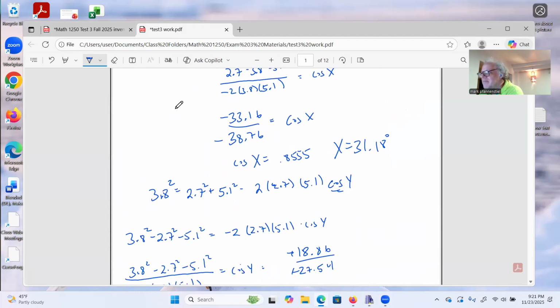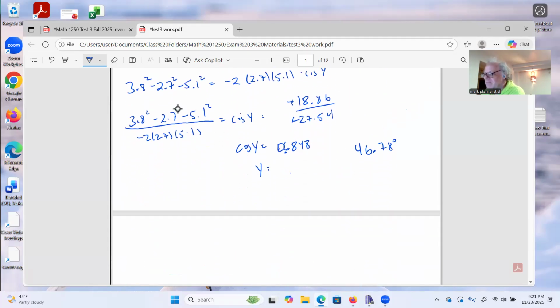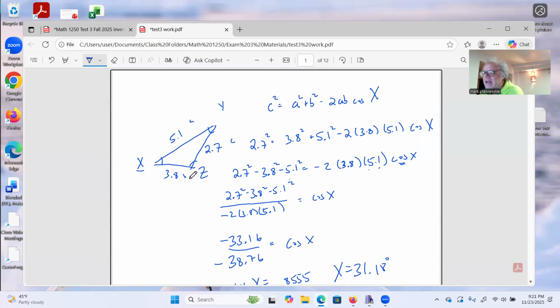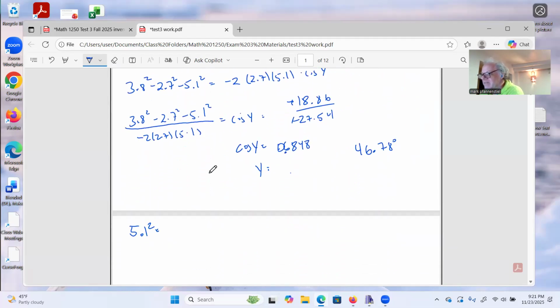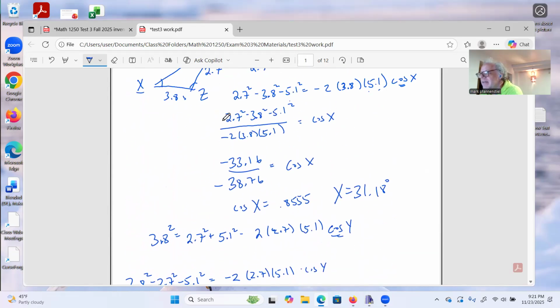So let's deal with this. We've got 5.1 squared is equal to 3.8 squared plus 2.7 squared minus twice 3.8 times 2.7 times cosine of z. Yep.